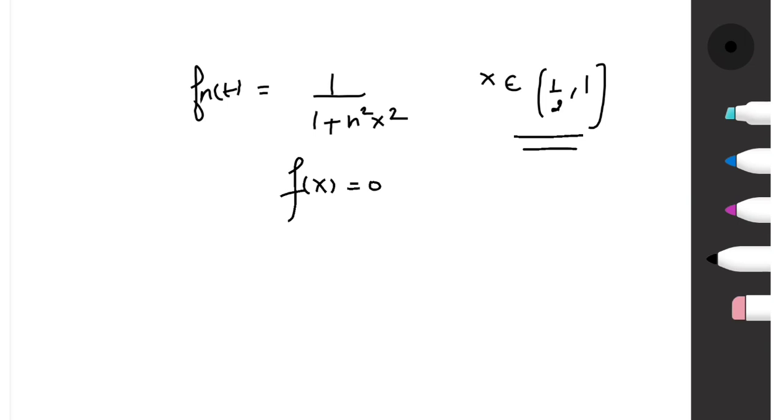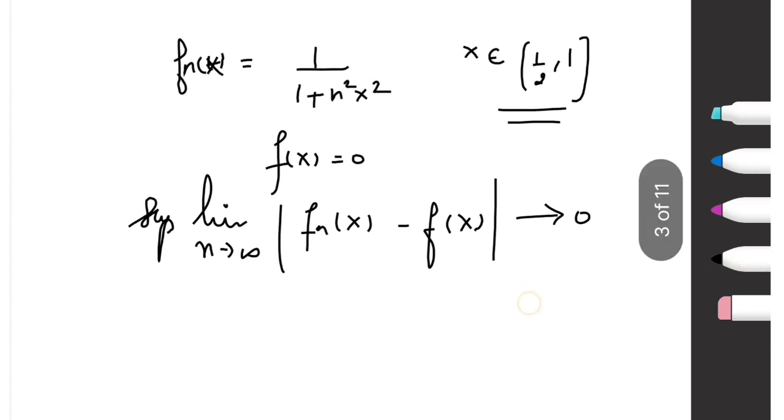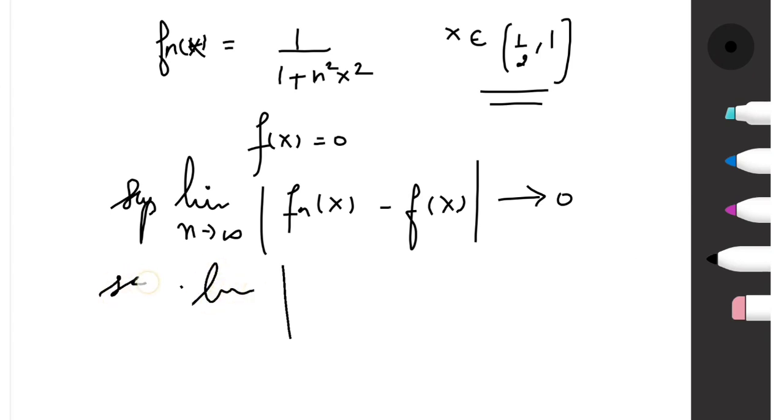Simply we are checking uniform convergence, so we need the supremum. We need to check that the supremum of |f_n(x) minus f(x)| tends toward 0 as n tends to infinity. Our f(x) is 0, so this will be the limit of the supremum of 1 by 1 plus n square x square.